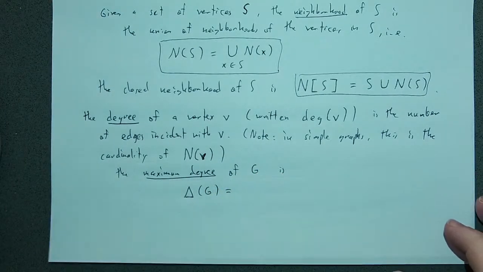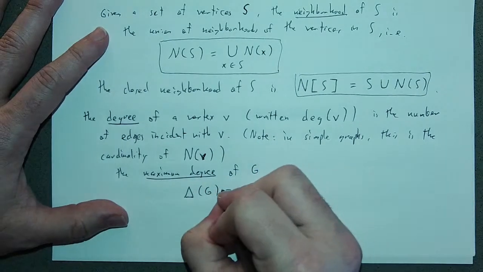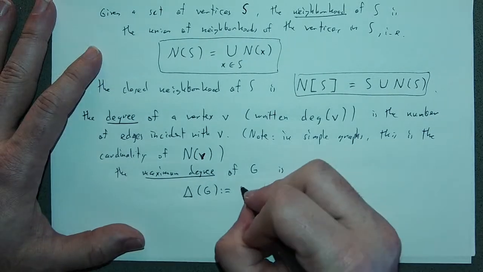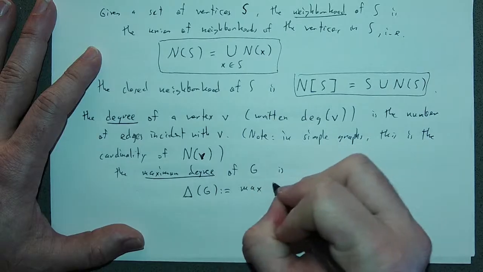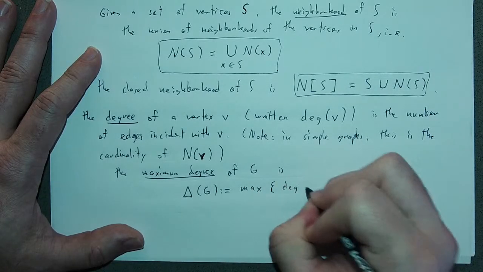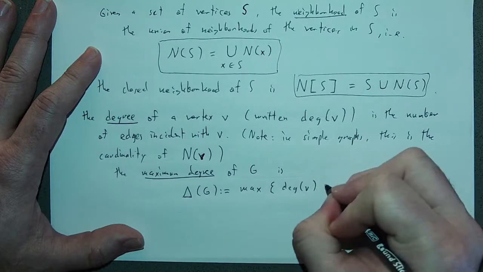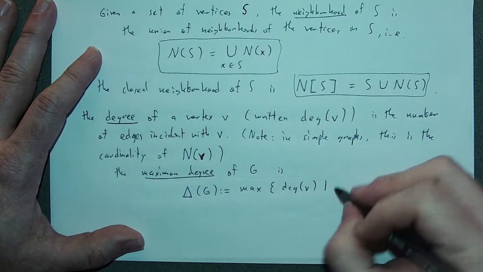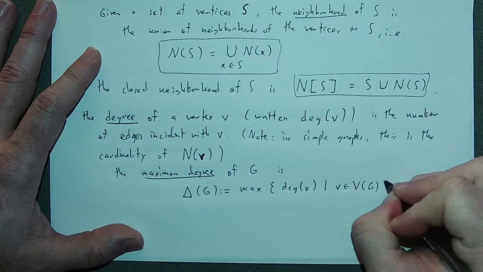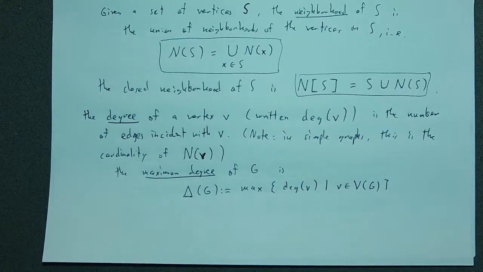It is defined to be, again, I'm going to use this symbol just to show that it's defined to be. You're not expected to know that; this is not something that comes from anywhere else. So it is simply the max of the set consisting of the degrees of all of the vertices in G. So it is the maximum of all of the degrees of v.